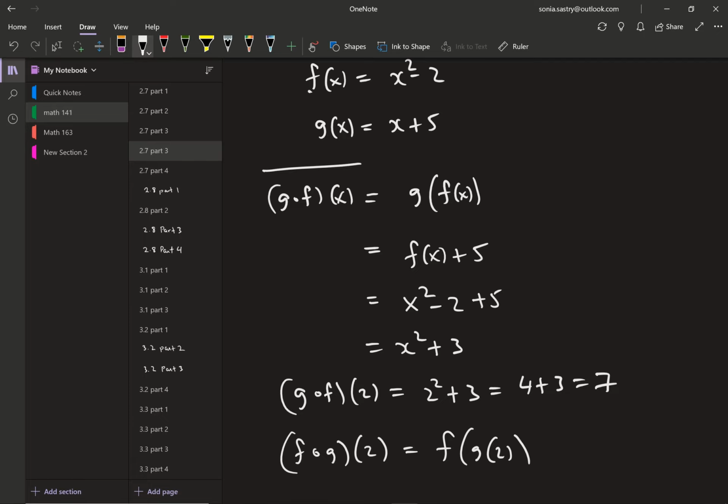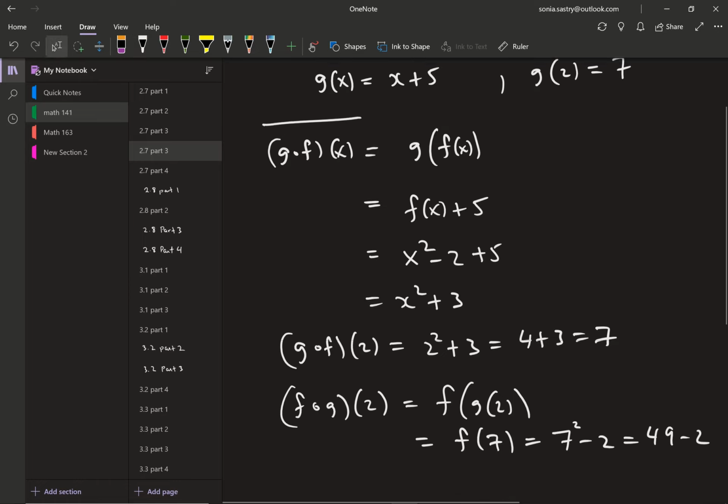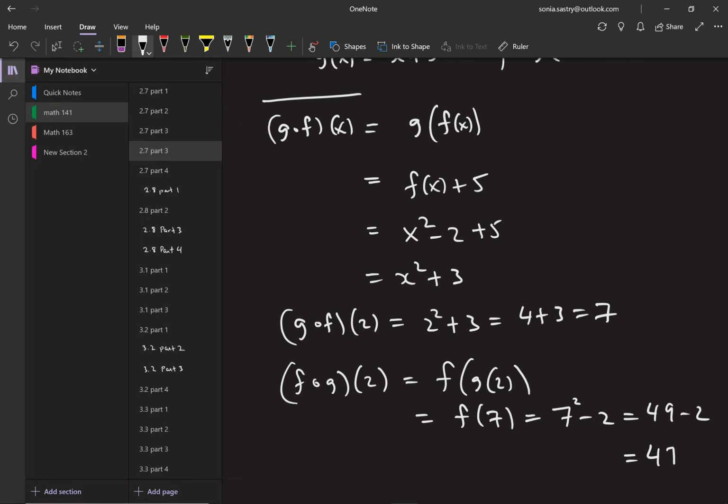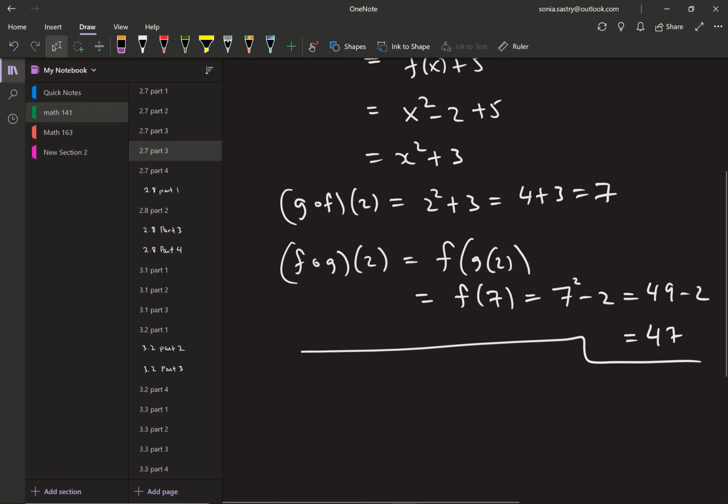Instead of computing the general f of g of x, let's just compute g of 2 first. So g of 2 is 2 plus 5, which is 7. And what we need then is f of 7. And f of 7 is 7 squared minus 2, which is 49 minus 2, which is 47.